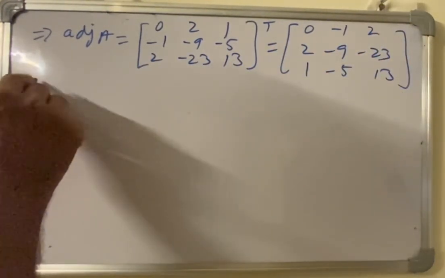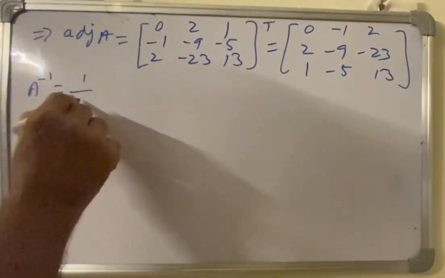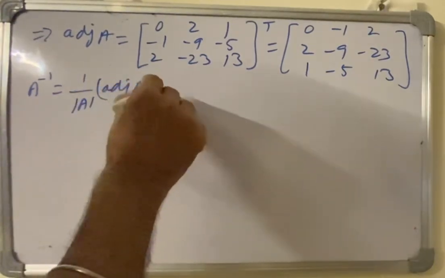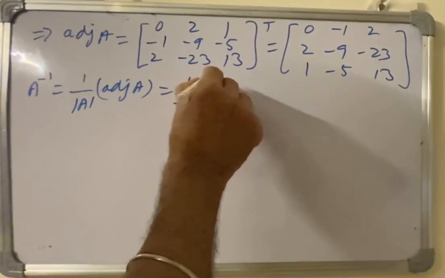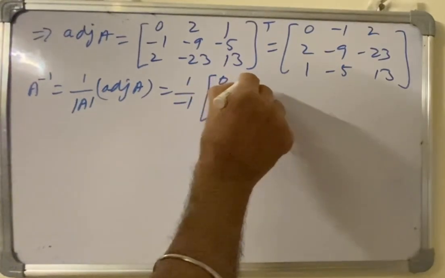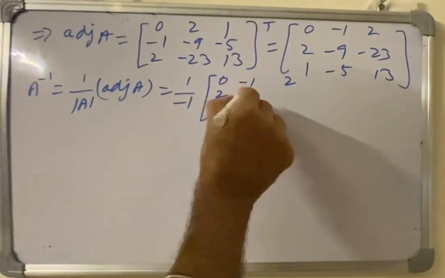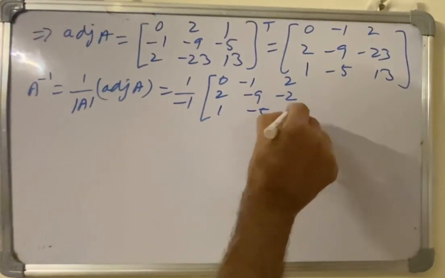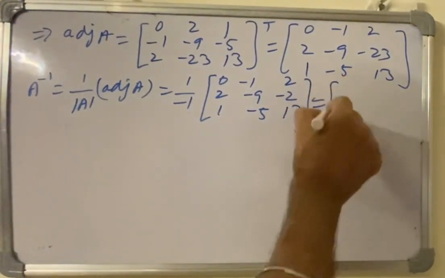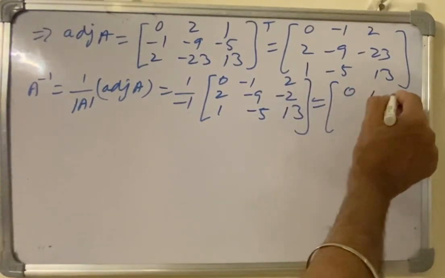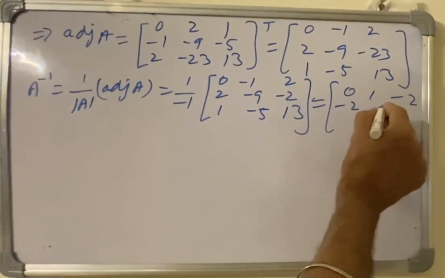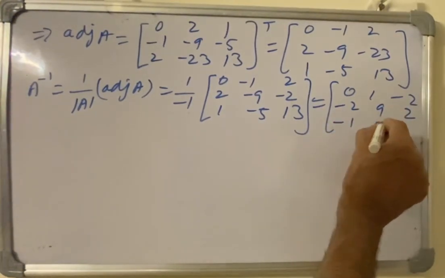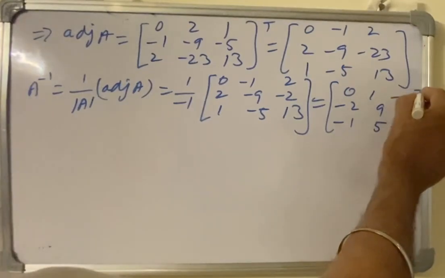Then A inverse is 1 over determinant A into adjoint of A, 1 over minus 1 into the transpose. This will be [0, 1, -2; -2, 9, 23; -1, 5, -13].